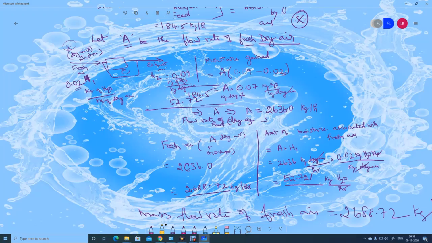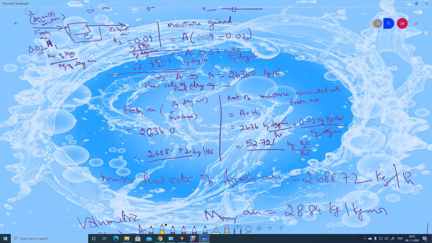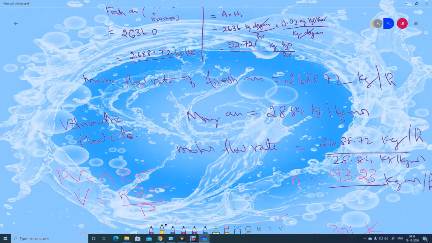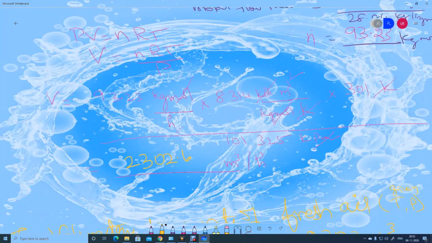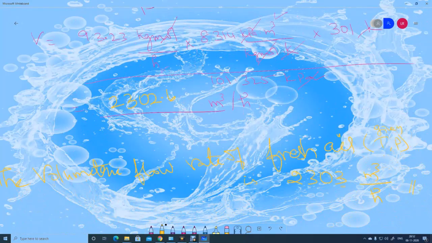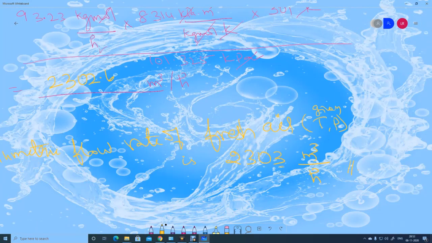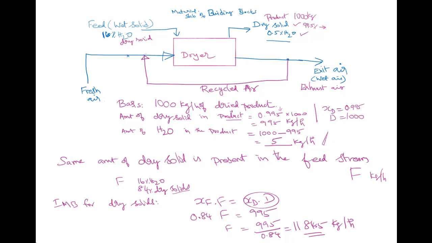So we get the fresh air value 2688, the mass flow rate of fresh air. Using the average molecular weight of air, we converted to molar flow rate, equal to 93.23. Then we get the volumetric flow rate by using the ideal gas law: 2302.6. So that is the answer.